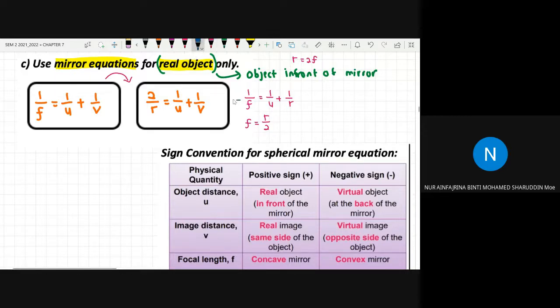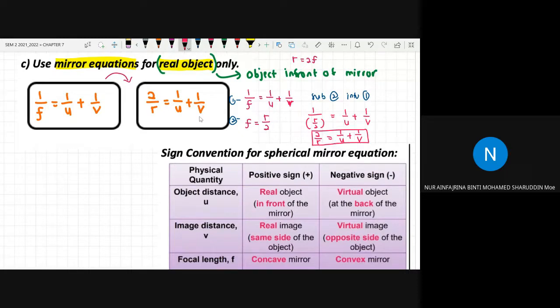Sub 2 into 1. So, you akan dapat 1 over R over 2 equals to 1 over U plus 1 over V. Jadi, you akan dapatlah 1 over R over 2 adalah 2 over R equals to 1 over U plus 1 over V. That is how you get this equation.